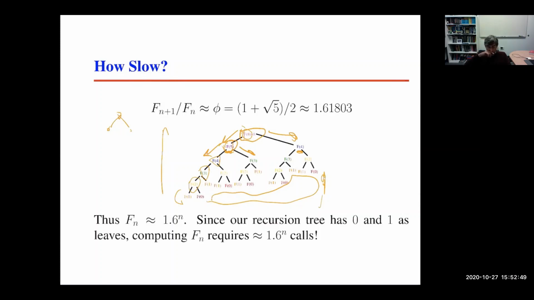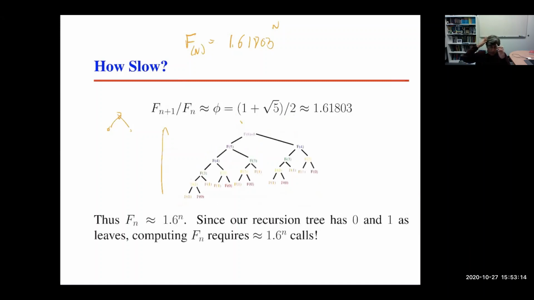But if you want to know exactly how long this is going to take, it turns out that F of n, the nth Fibonacci number, is roughly equal to 1.61803 to the n. This number is called the golden ratio. If we look at the Fibonacci tree, at the lowest level are the leaves. Fib of 1 is 1.